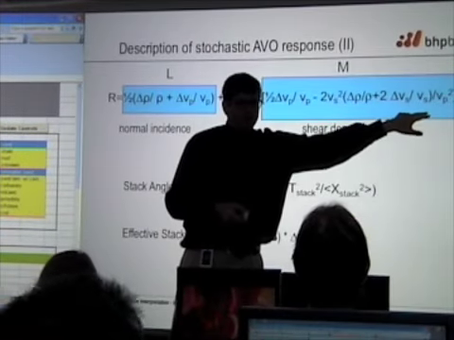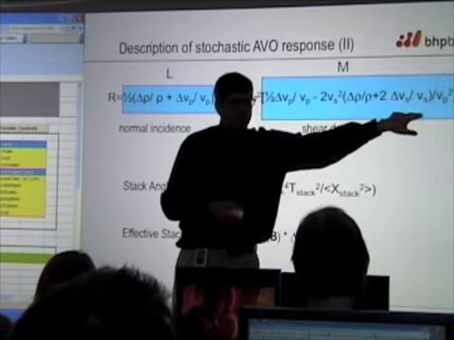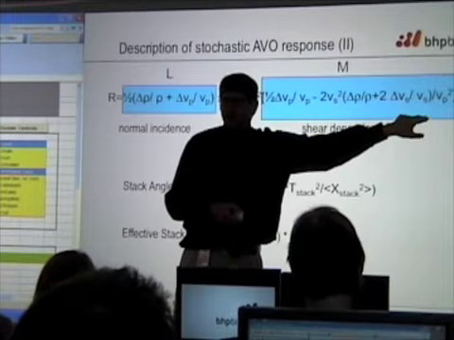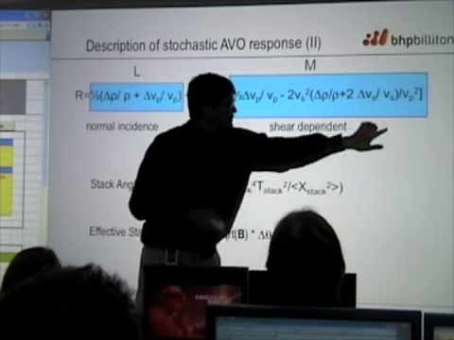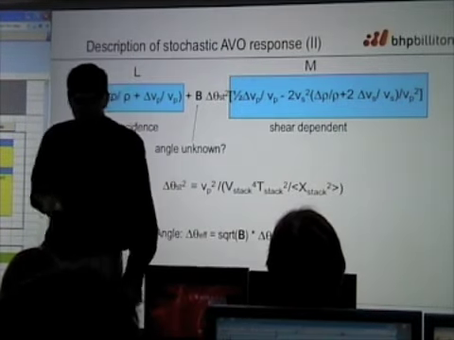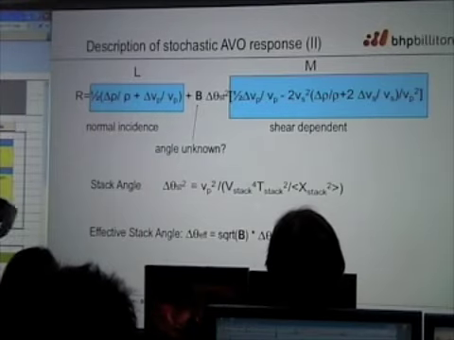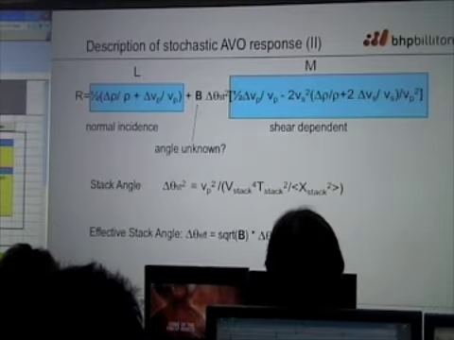And that's what Dave is going to talk about when you ask why you care about AVO: sometimes it can help you discriminate things in terms of the shear properties that you could not discriminate with the elastic properties alone.